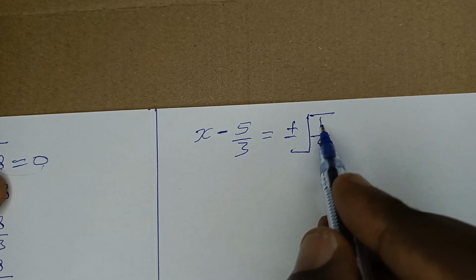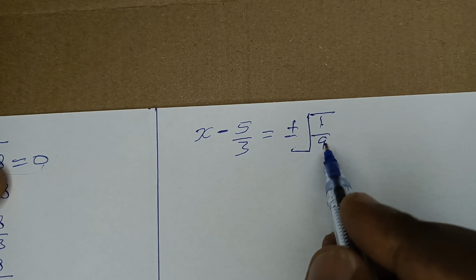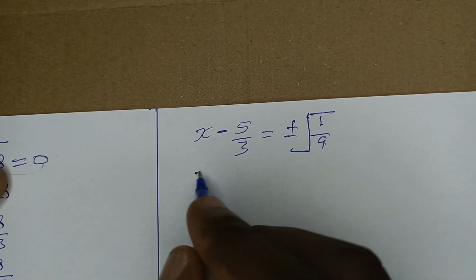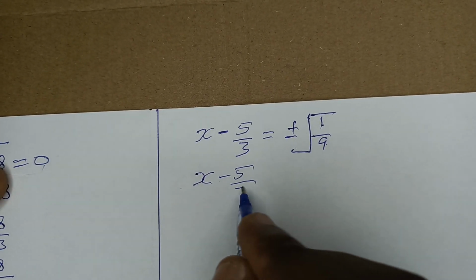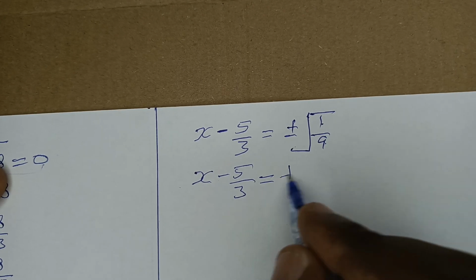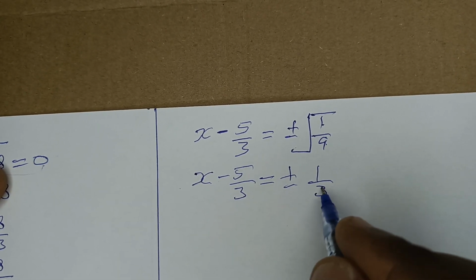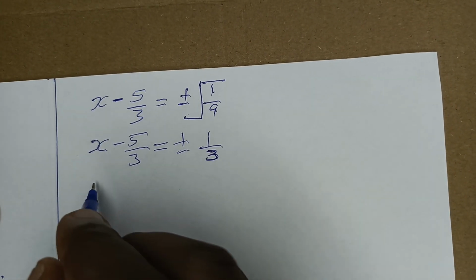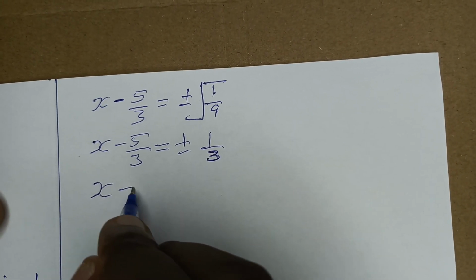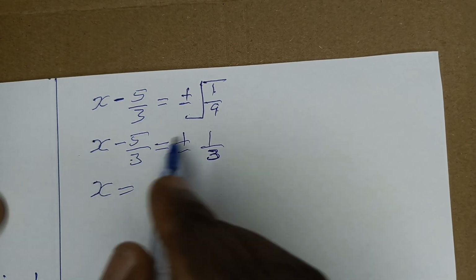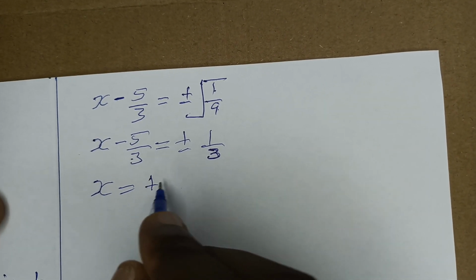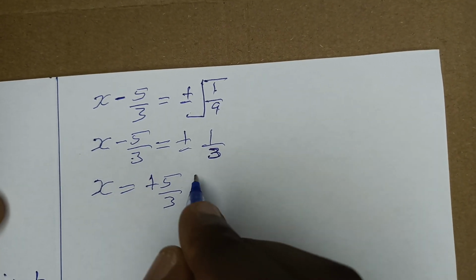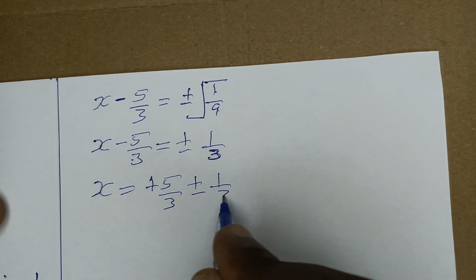Root of 1 is 1, square root of 9 is 3. So x minus 5 over 3 is equal to plus or minus 1 over 3. From there, x is equal to 5 over 3 plus or minus 1 over 3.